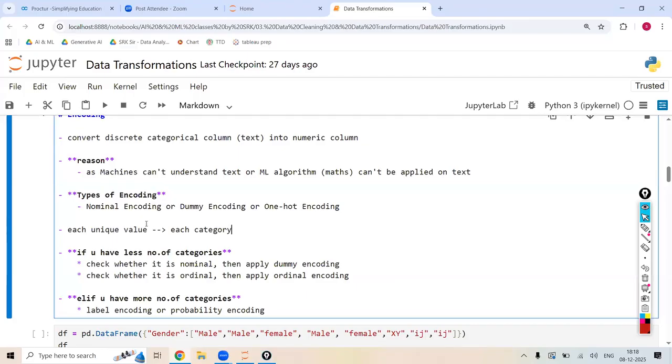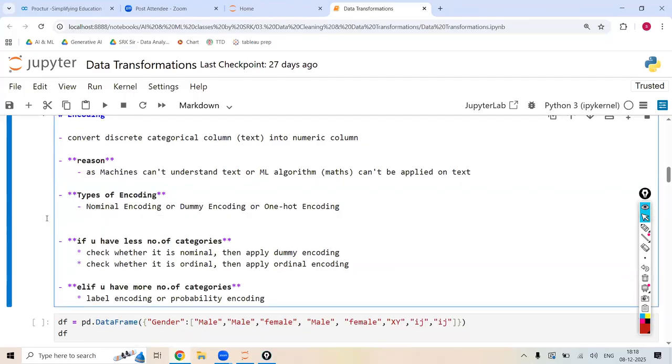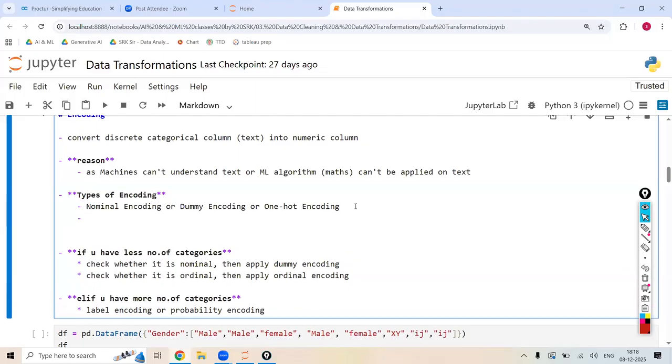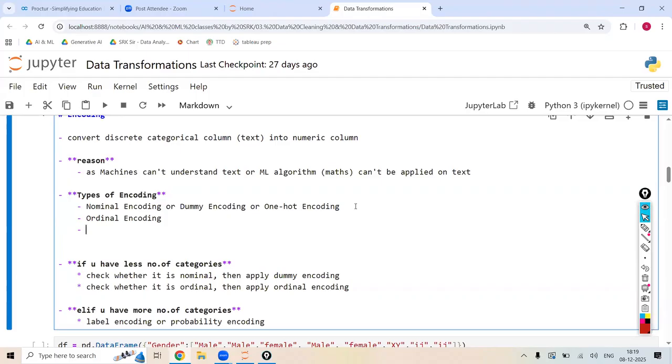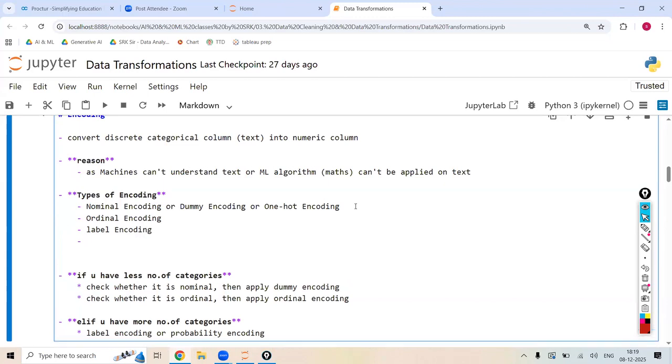When do we have to apply this one? If the column is nominal, then we have to apply the nominal encoding. Otherwise, the second option is called ordinal encoding. The third one is called label encoding. And the fourth one is probability encoding. Total 4 types of encoding are there.